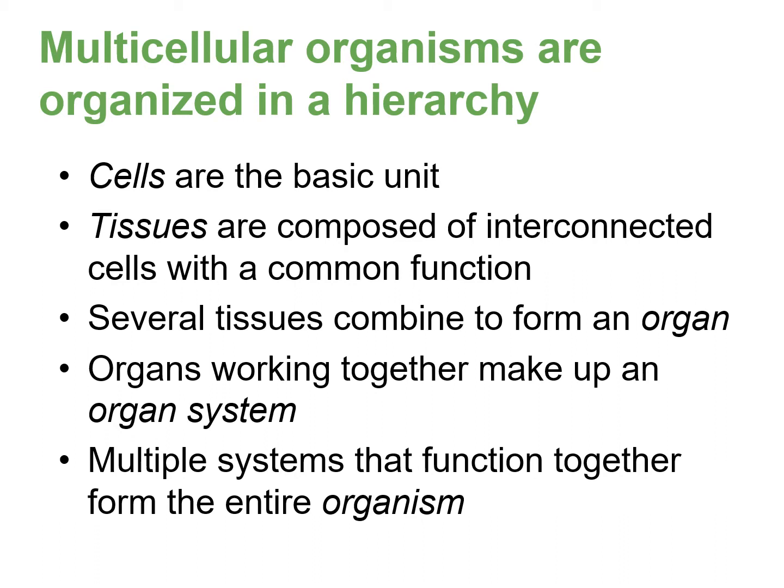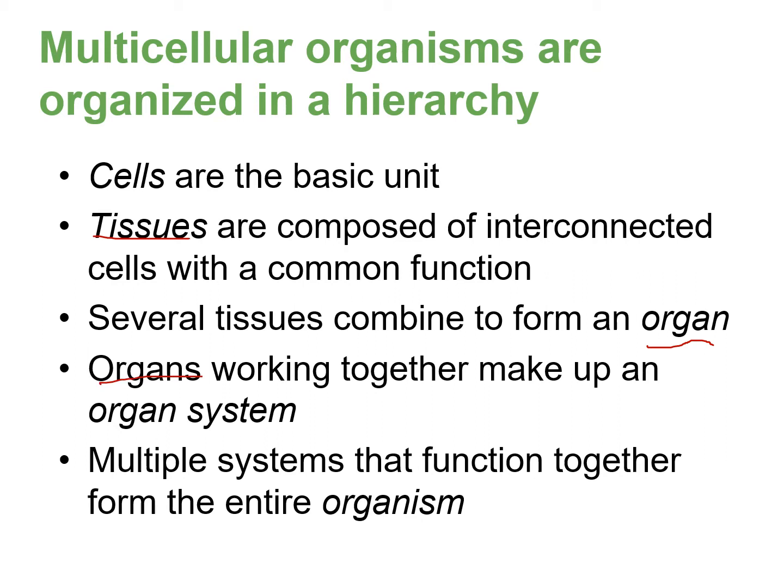Several cells of one kind that interconnect with each other and perform a shared function form tissues. So a bunch of cells make up tissues. Then these tissues combine to form an organ. Organs such as our stomach, pancreas, spleen, heart, liver, lungs, kidney, brain, things like that.